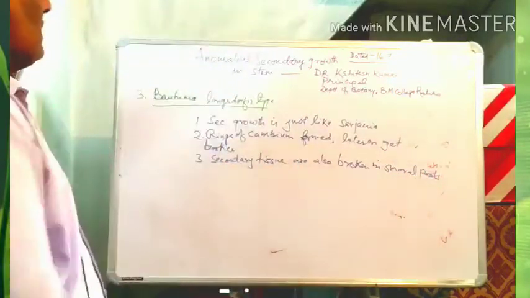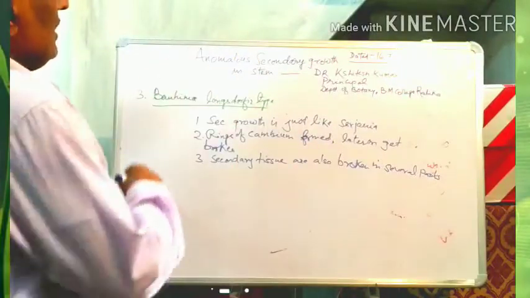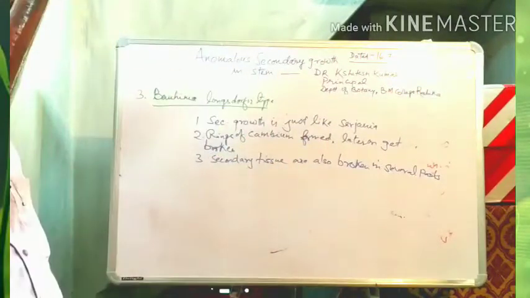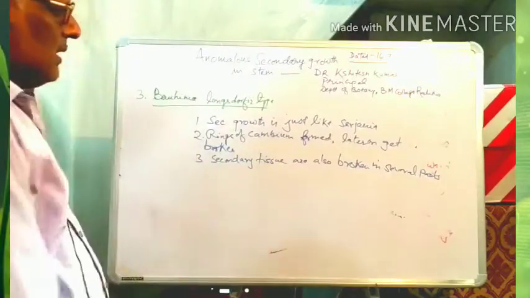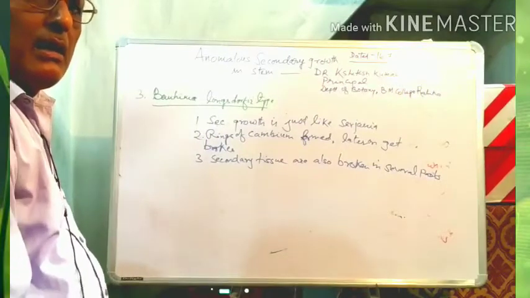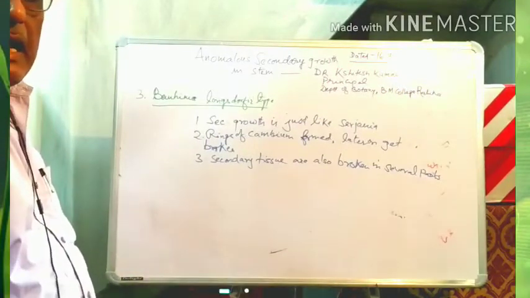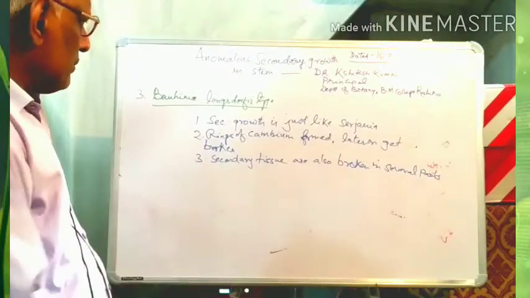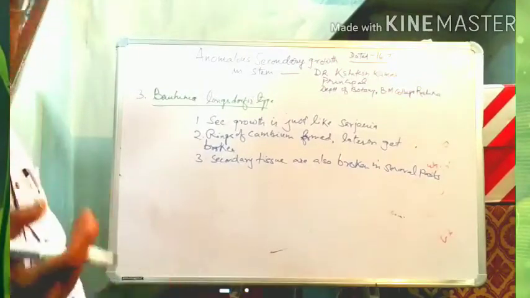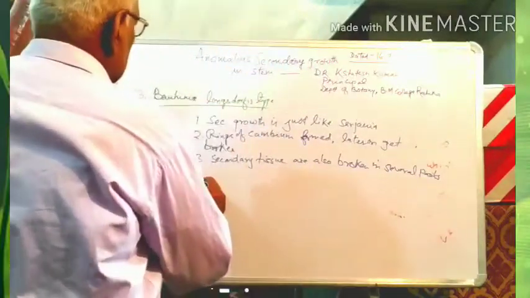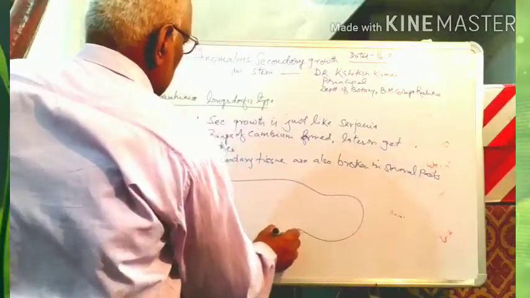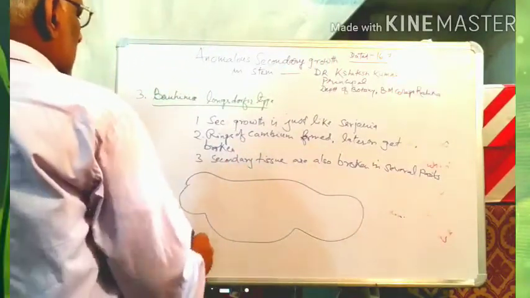So that is the difference. In Sergenia, the ring of the cambium is not broken, but in Bauhinia longsdorffi, the rings of cambium are broken, and the secondary tissues are also broken in several parts, and the result is that the stem shows a peculiar type of structure.